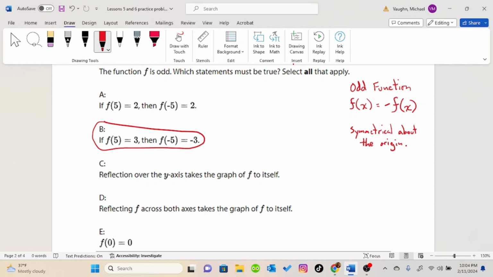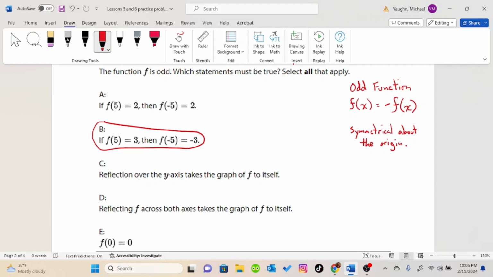Choice C says reflection over the y-axis takes the graph of f to itself. That's the definition of an even function, not an odd function. So it's not C. D says reflecting f across both axes takes the graph of f to itself. This is the correct explanation.